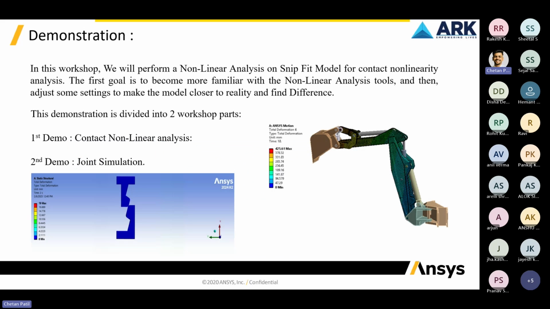This overall webinar will now showcase the topics we are going to discuss related to non-linear contacts and the joints that we are going to use. This demonstration will be divided into two workshops. The first workshop will consist of a snap-fit model.